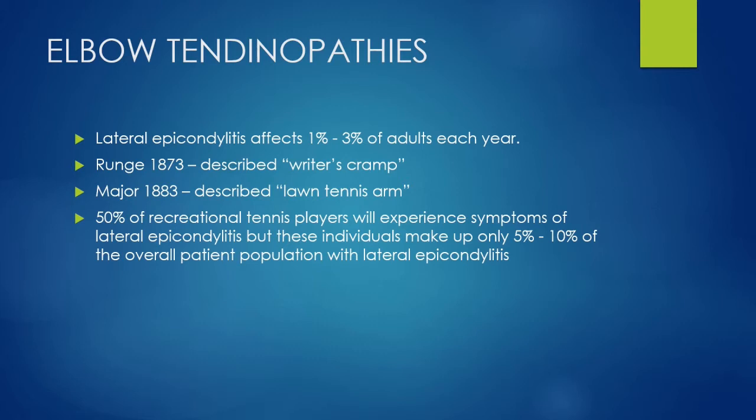Now, lateral epicondylitis was first described in 1873 by German orthopedist Runge. Runge described it as writer's cramp. Of course, we didn't have tennis in 1873, so it seems that this condition was first described and first identified in writers, people who used pens for a protracted period of time.